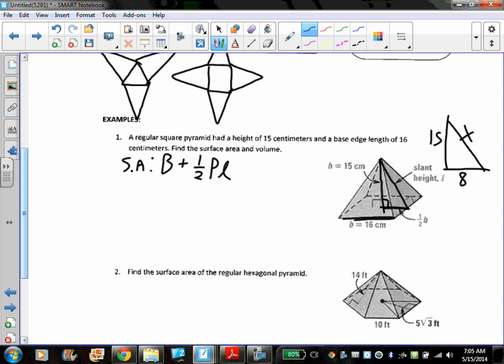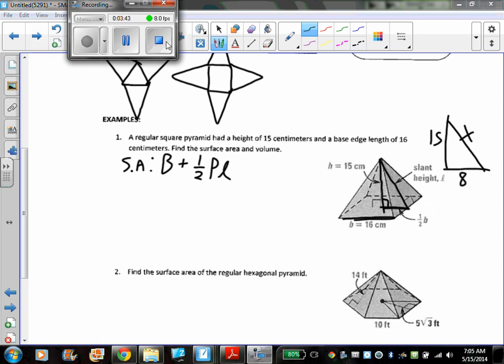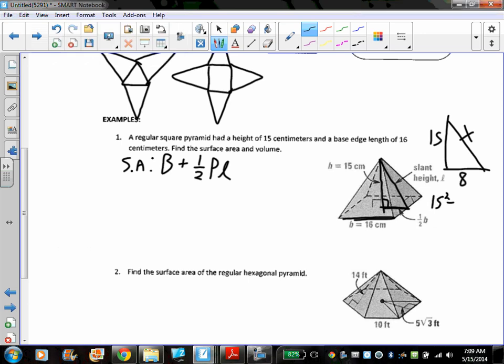So now we can do Pythagorean theorem. We are going to do, in this case, 15 squared plus 8 squared equals x squared. 15 squared is 225, and 8 squared is 64. If we add those together, we get 289. x squared equals 289. Square root of both sides will tell us that x equals 17. So that's our slant height.